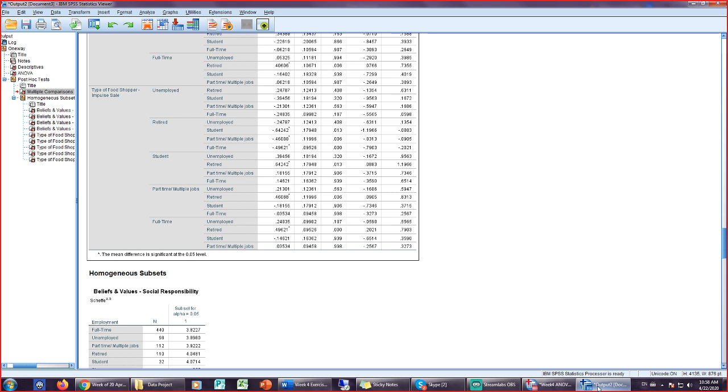So if they know that the majority of their customers are much more likely to be employed, guess what? Put stuff on sale. Even if it's just a small reduction, as long as you're still making a profit on it, you're probably going to make more money than you would otherwise if these things weren't on sale.